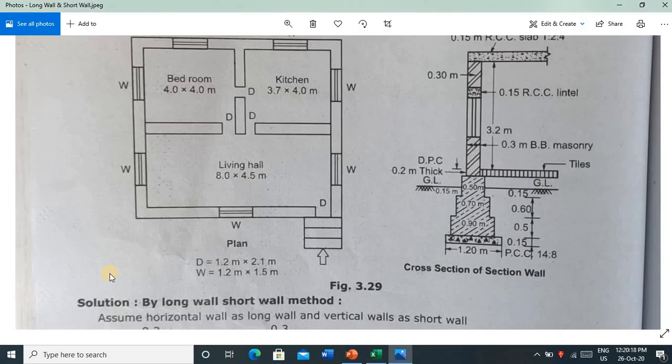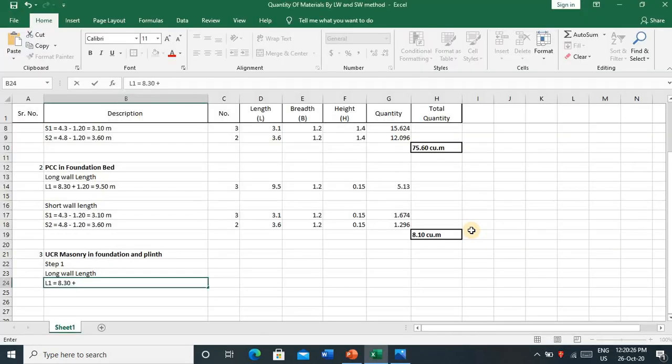What is the width of the UCR masonry's first step? 0.90. So here we will add 0.90 to this. What we will get is 9.20 meter.